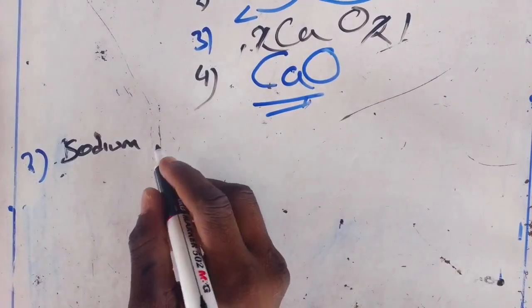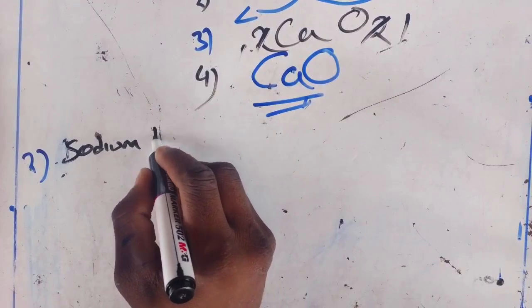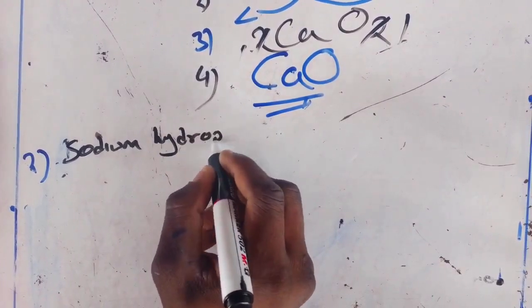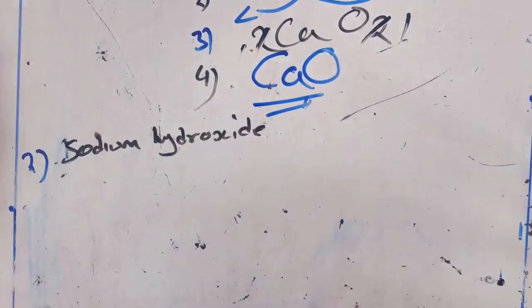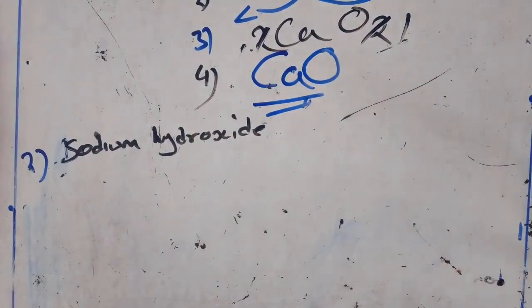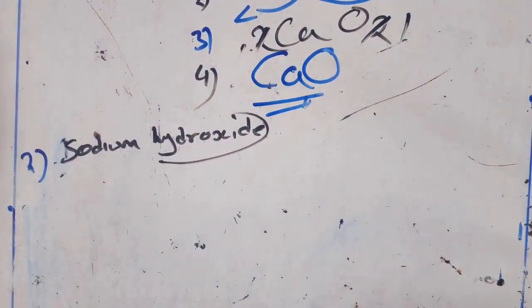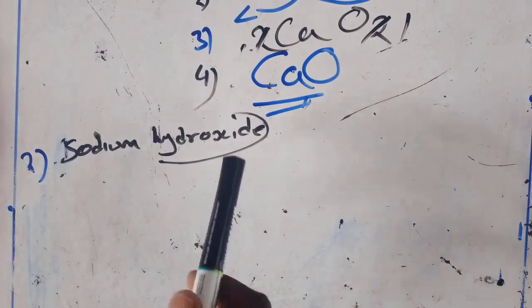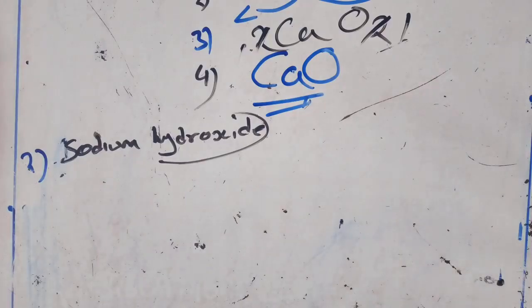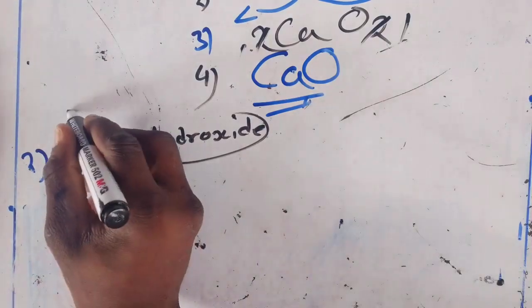So in this example of ours, if you see here, we're dealing with an element and a radical. This is a radical because hydroxide cannot exist on its own but needs to combine with other elements or radicals for it to exist. In this case, it has combined with sodium, and this is an element.